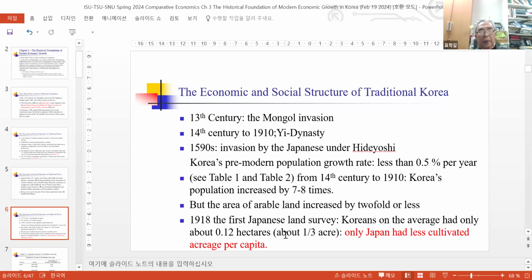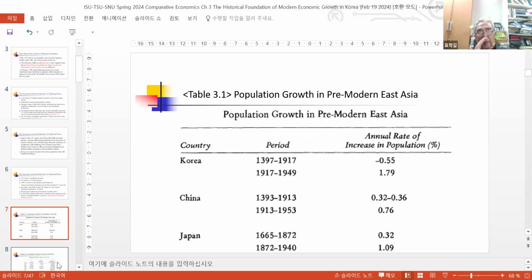So Japan had even less cultivated acreage per capita, and population density was severely higher in Japan than in Korea, which is a very interesting statistic. You can check population growth through table 3.1.